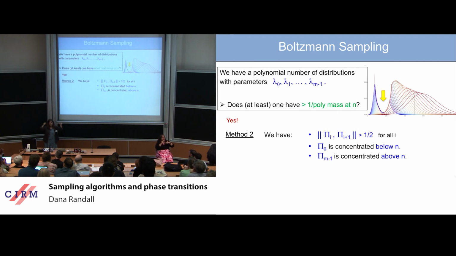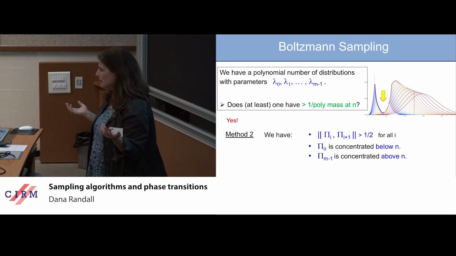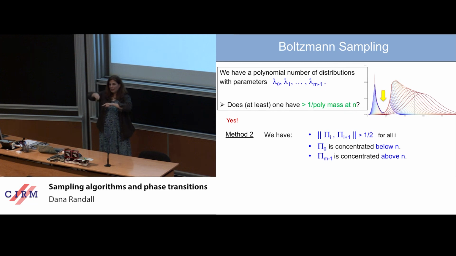Now, I could still, of course, have no mass at n, right? But that can't happen, because we just proved that for all lambda, this chain is rapidly mixing. So on this particular distribution that has high mass below n and high mass above n, it has to have non-trivial mass at n, or the chain would not be rapidly mixing.